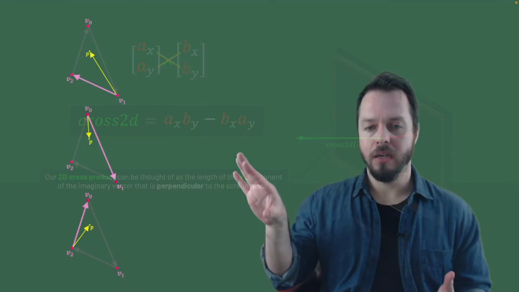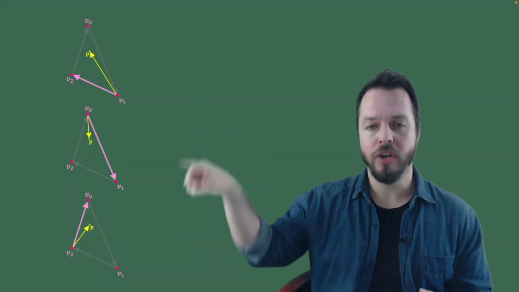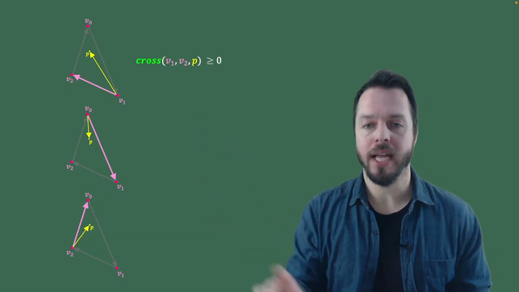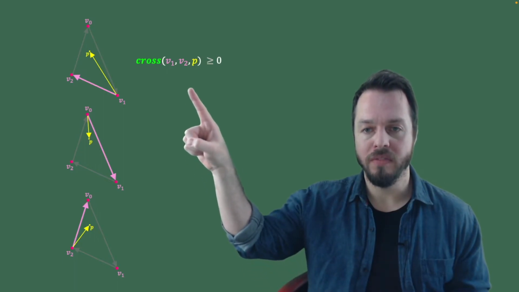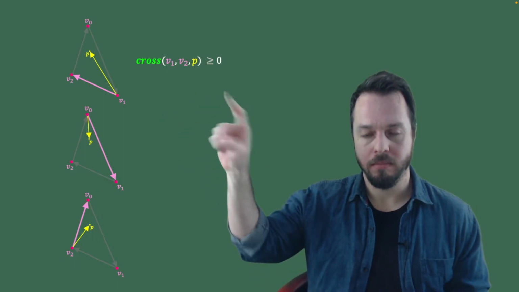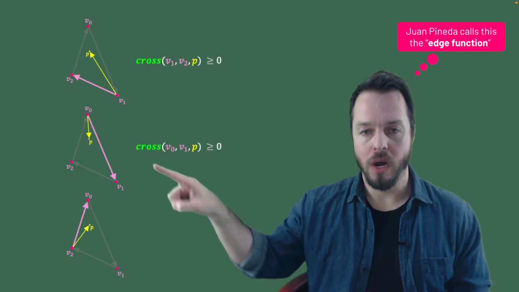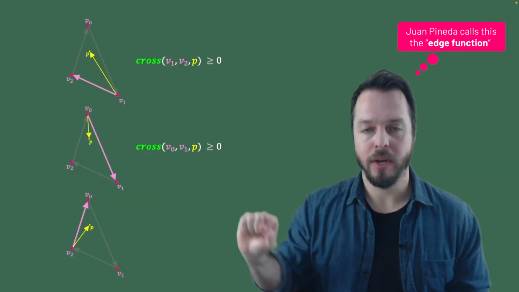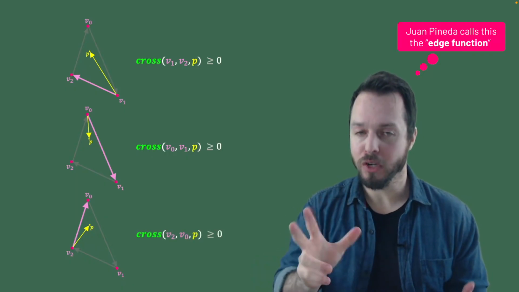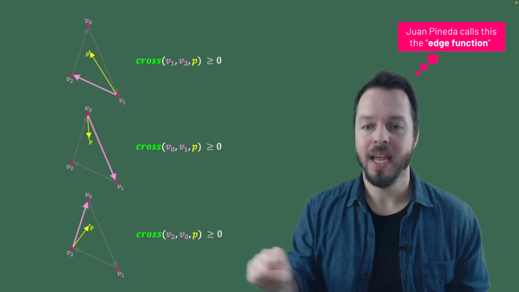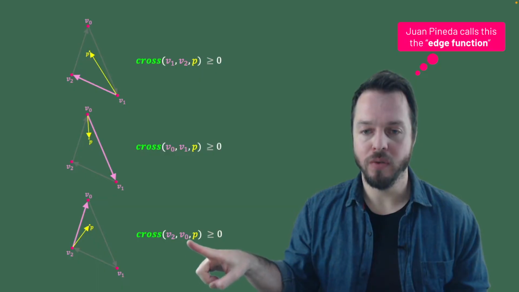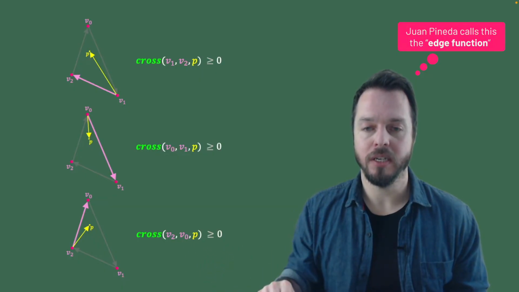So if we come back here, you see that we have all those 3 scenarios, right? We have the point P, and then we have all these 3 edges with these 3 vectors. We have to make sure that the cross product between V1, V2, and P is greater than 0. The cross product between V0, V1 edge and the point P is greater than 0, right? The 2D cross product that we just saw, the little hack, and the cross product between V2, V0 and point P is greater than 0.